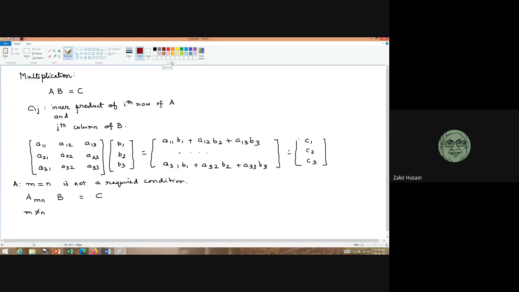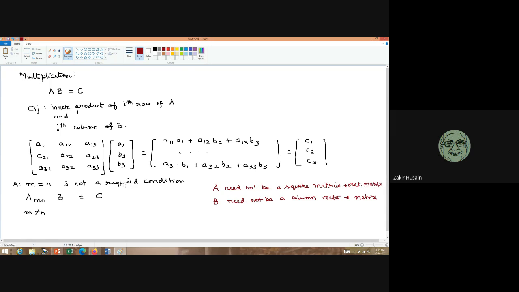So A need not be a square matrix. B need not be a column vector. We can have a matrix also, and this can be a rectangular matrix instead of a square.